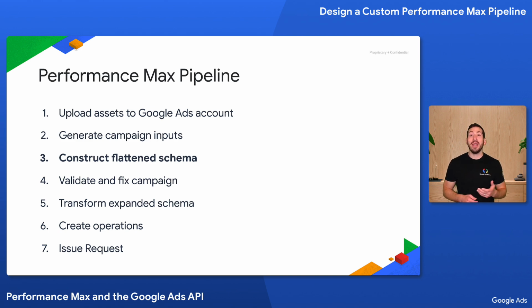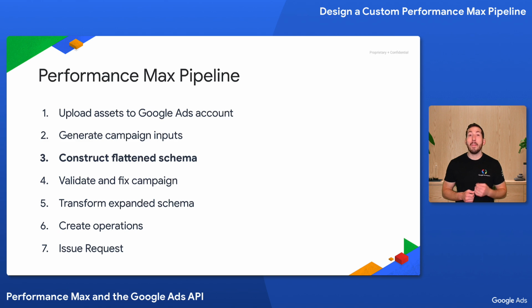As I'll demonstrate, you can also create your own custom configuration options for enhanced flexibility. One of the things I love about this approach is that it provides you a consolidated view of your entire PMax campaign that's really easy to understand.